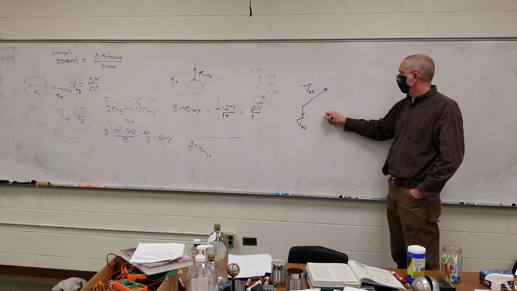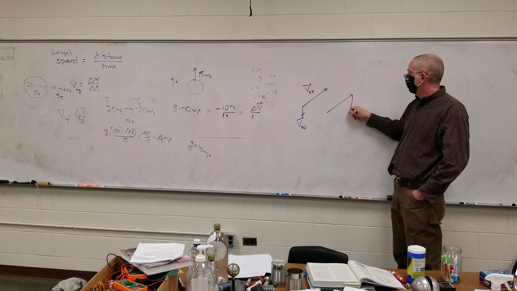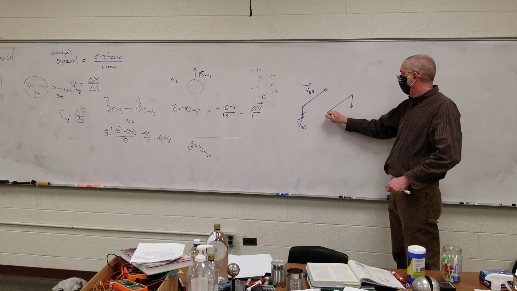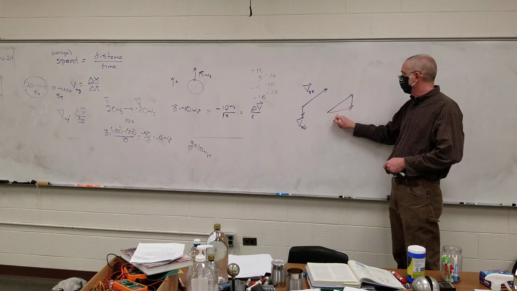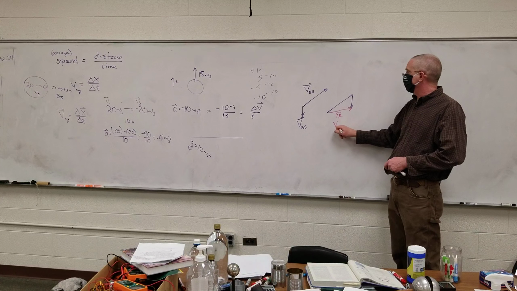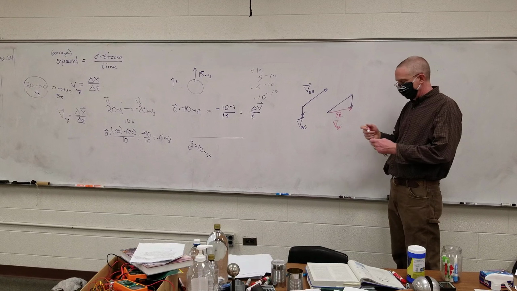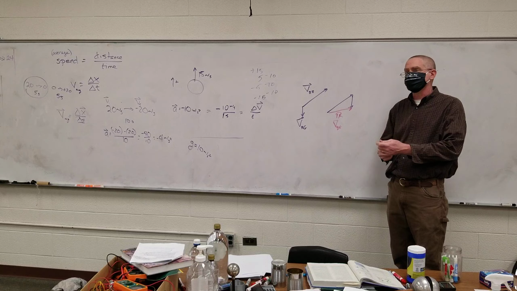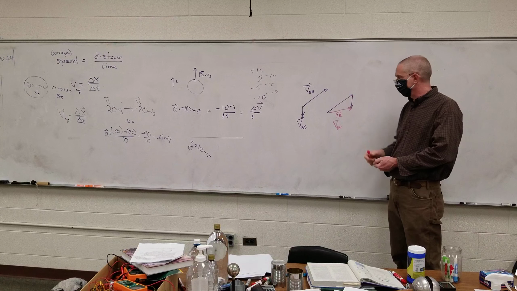Adding vectors, something like that. And so this would be the resultant. This is the velocity of the boat with respect to the ground. In other words, if you had a radar sitting on the bank and you had a radar gun, that's what you detect, assuming you were straight in front of him.